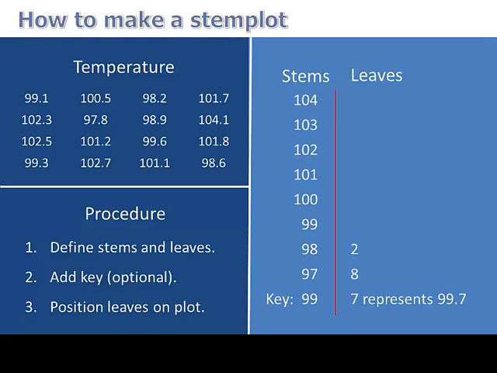We continue in this way, adding leaves to the stemplot until all the temperatures are accounted for. 98.6, 98.9, 99.1, 99.3, 99.6, 100.5, 101.1, 101.2, 101.7, 101.8, 102.3, 102.5, 102.7, and finally 104.1.